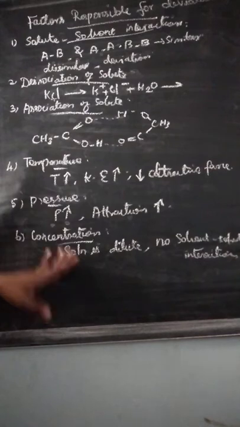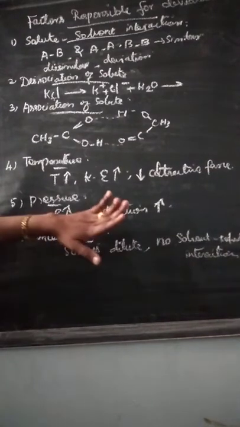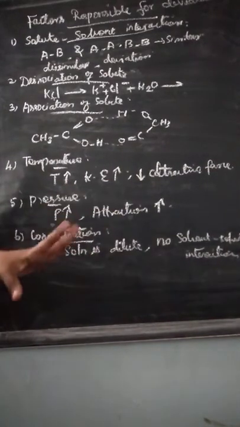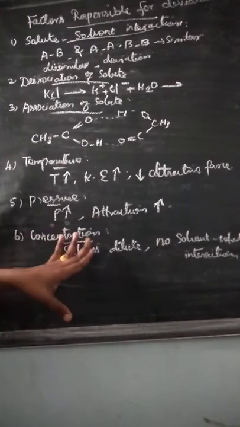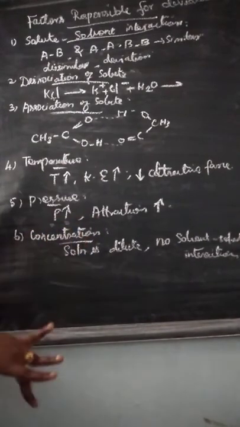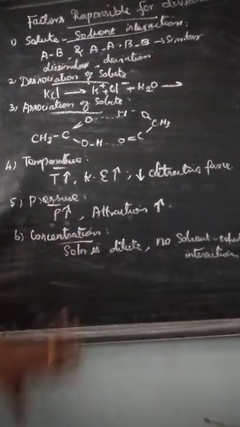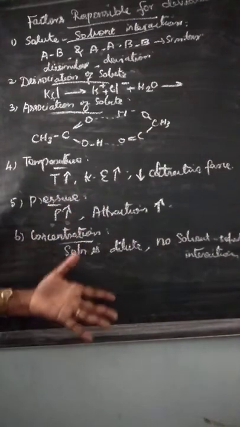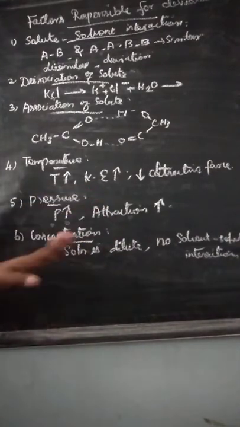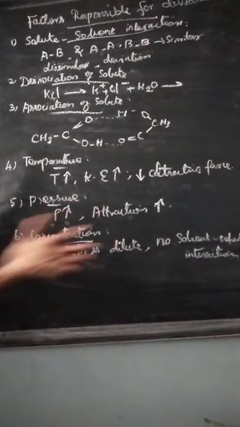Reason: dilute means the number of solute molecules is low compared to the solvent.